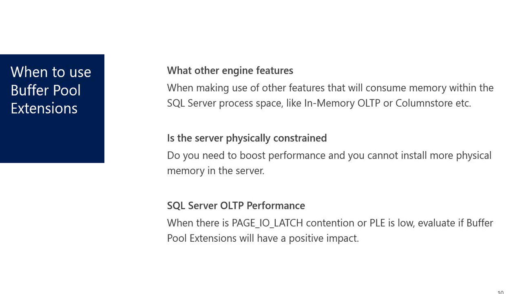For durable tables, we've got an element of transaction logging going on as well, but all of the data resides in memory. That's where all the indexes reside as well. There's a background thread for in-memory OLTP that will be streaming that down to disk, but that is still taking the memory space that potentially your buffer pool would like to take. So the more data you add to your in-memory tables, and the larger they get, the less space you're going to have for your buffer pool extension.